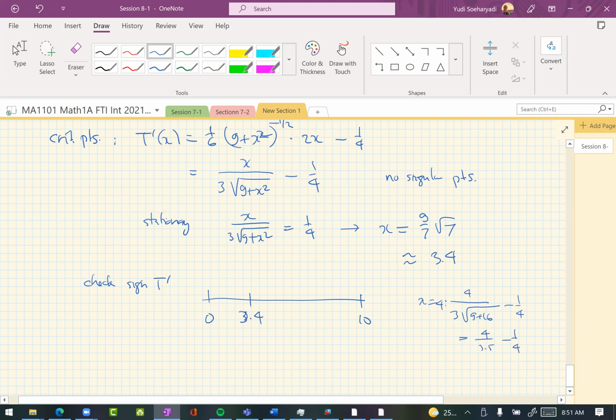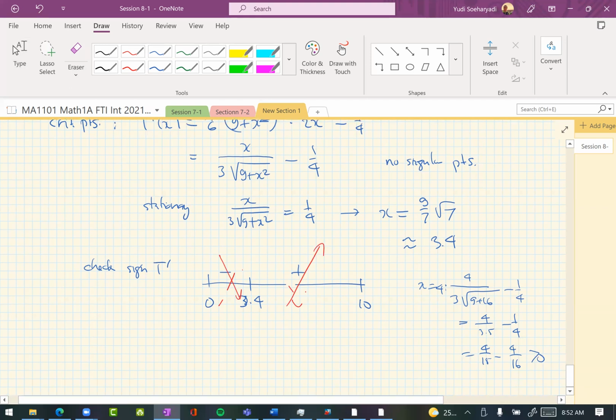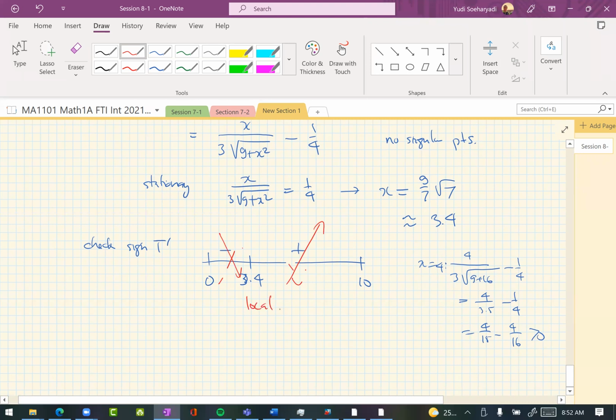This is 3 over 15, minus 1/4 over 16. So this is still positive, and the other should be negative if you check. All right, so it turns out that this is really the local min.